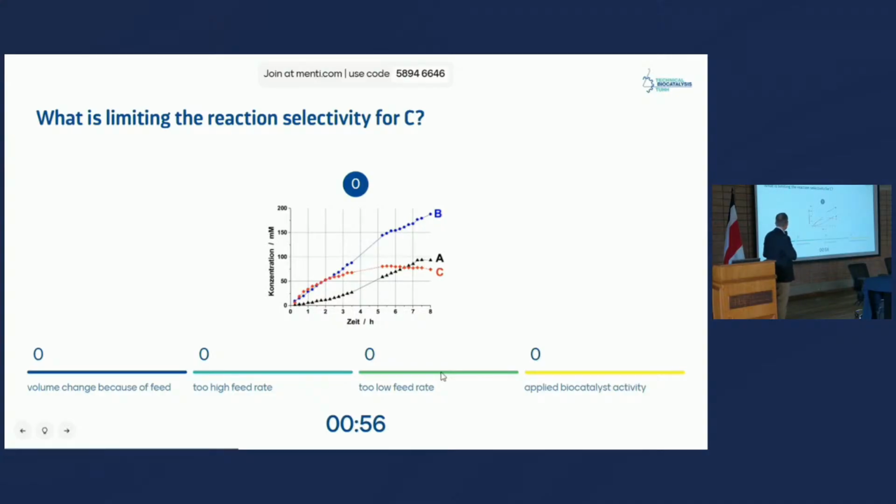Is this either the volume change because of the feed that we're adding there, because of the aqueous feed, or is the feed rate too high? Do we add too much per time unit? Or is the feed rate too low? Do we need to add more per time unit? Or is the applied biocatalyst activity just too low? What do you think? Feel free to discuss with your neighbor.